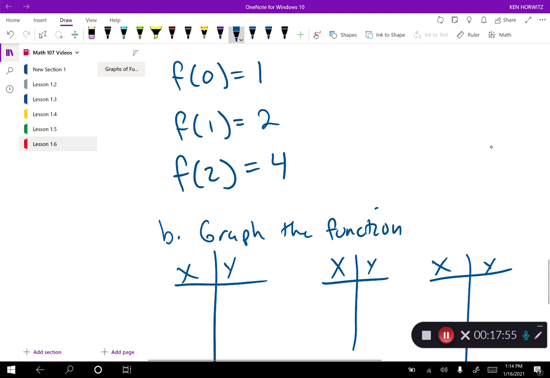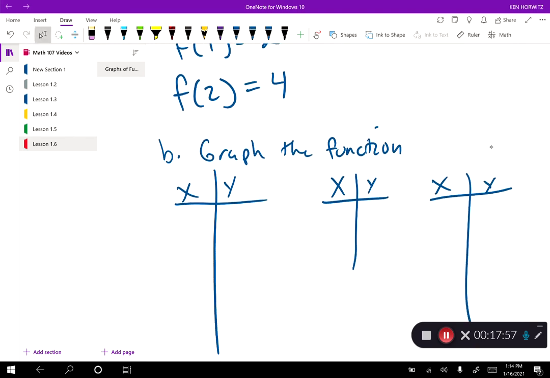What I want you to do is make 3 tables of values. There are a lot of different ways to graph. The one thing I like about the table of values is that students have a lot of experience with it, number 1, and number 2, it always works.